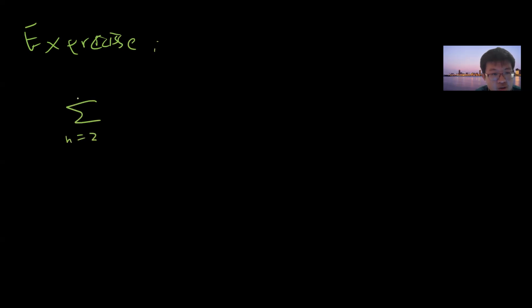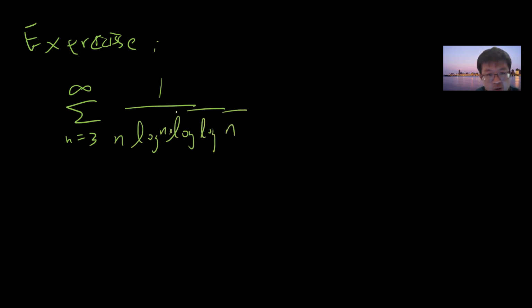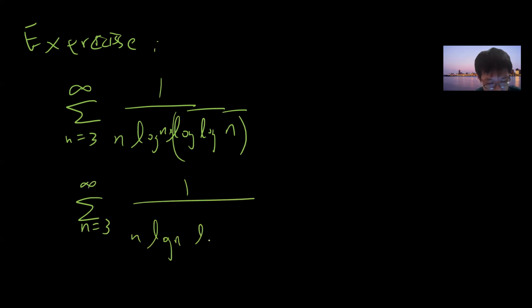How about this? 1 over n log n. Does this diverge? Or how about this? 1 over n log n squared. So the result is this one diverges, this one converges.